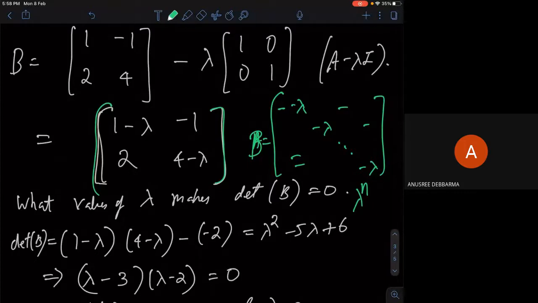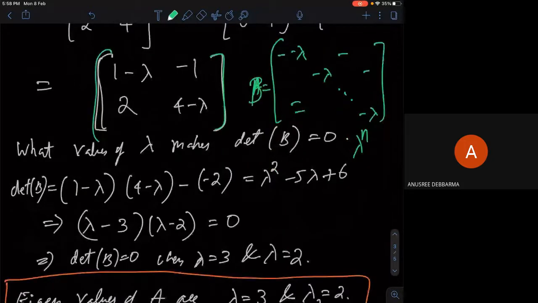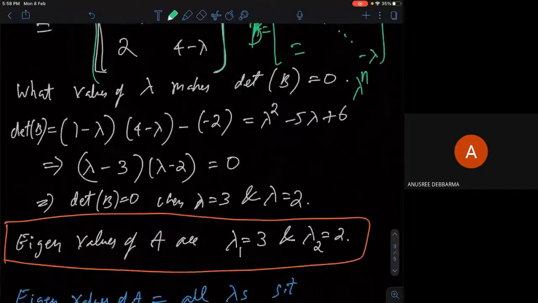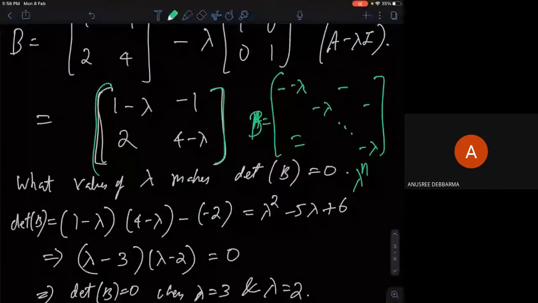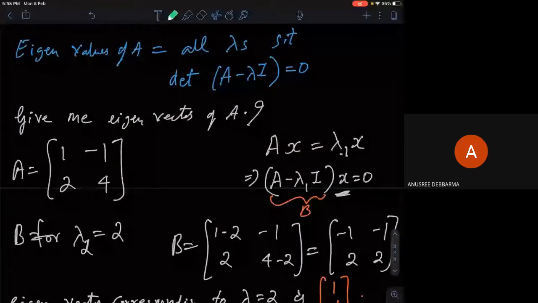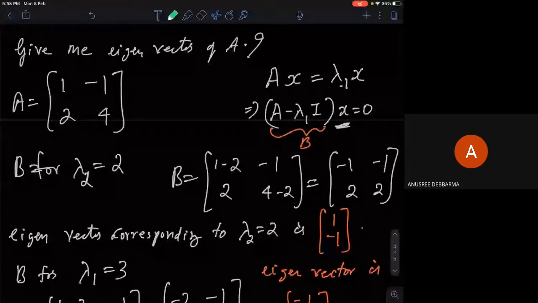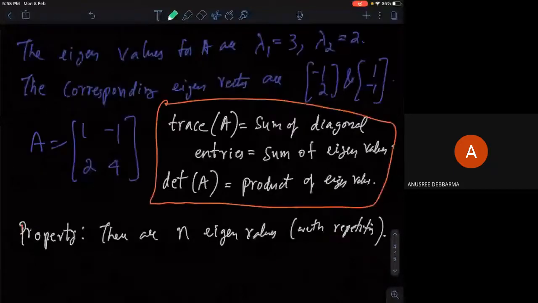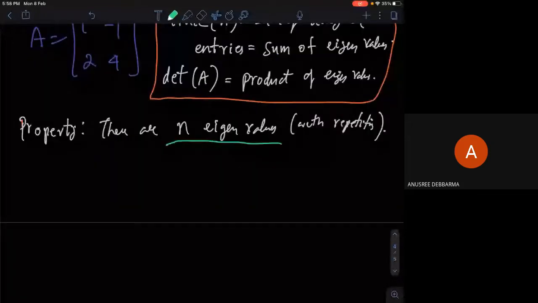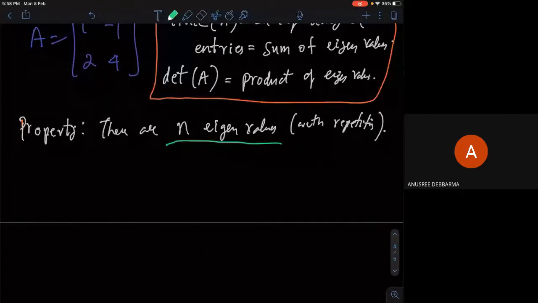Since it's a polynomial of degree n, if you don't understand it, you can skip it, it should have roots, and therefore there will be n solutions for lambda. That gives me n eigenvalues for this matrix. But there can be repetition, so there can be eigenvalues which repeat.